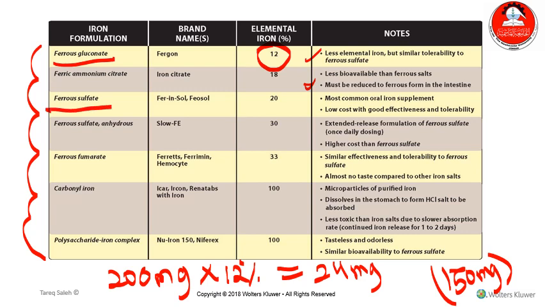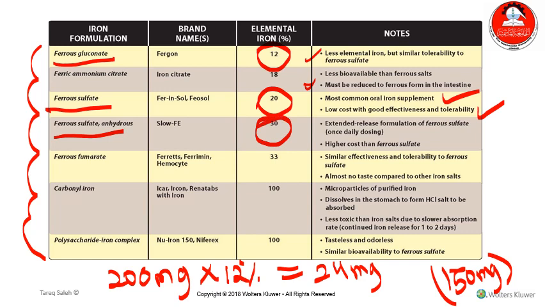Ferrous sulfate, on the other hand, has 20% elemental iron and is actually the most commonly used oral iron supplement, especially as it is available at a very low cost and good effectiveness and tolerability. Ferrous sulfate anhydrous has 10% more elemental iron, okay?